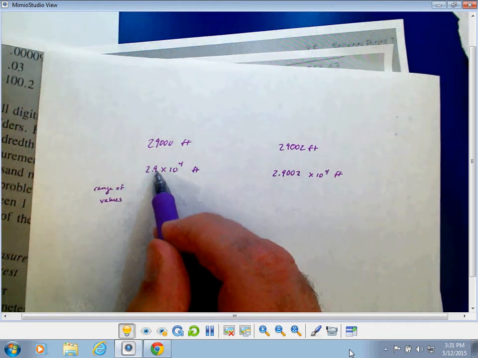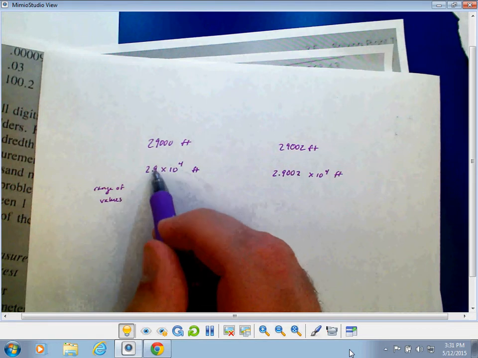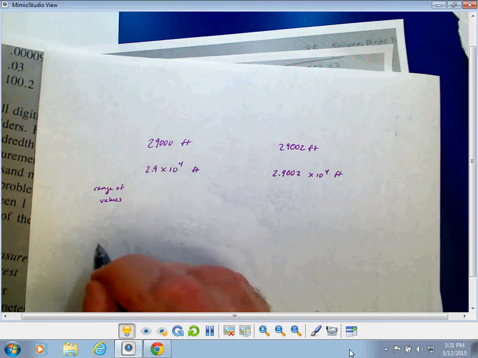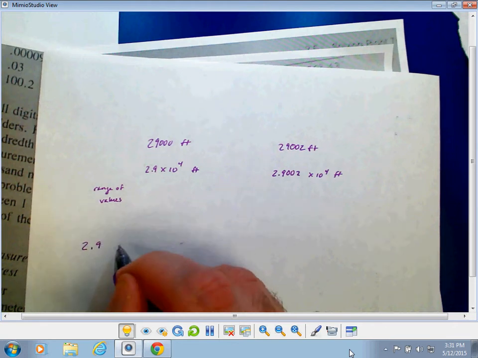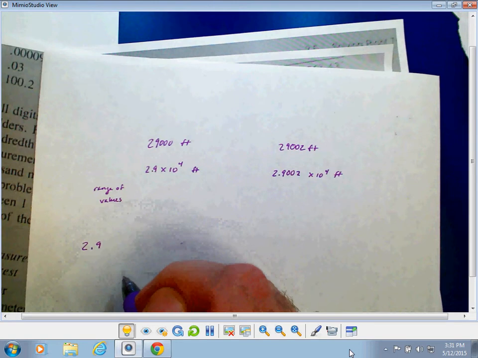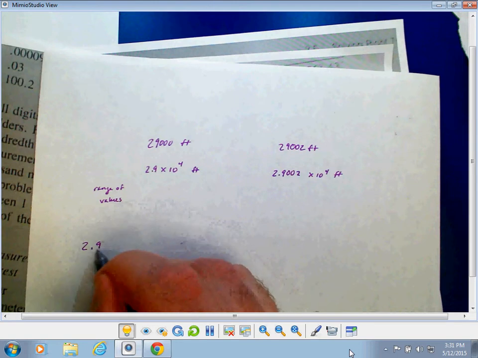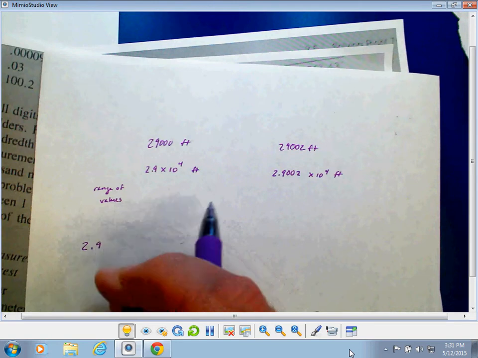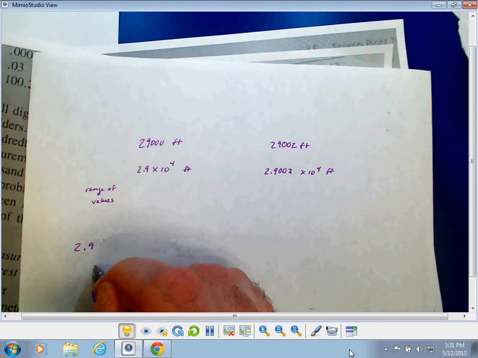Okay, the thought is that this last number, you would say, well, what would it take to round up or round down to get 2.9? So let's set this on the side for a second. If you were thinking about all the numbers that would round down to 2.9, all I do is take this last number and I go down by a half and up by a half.